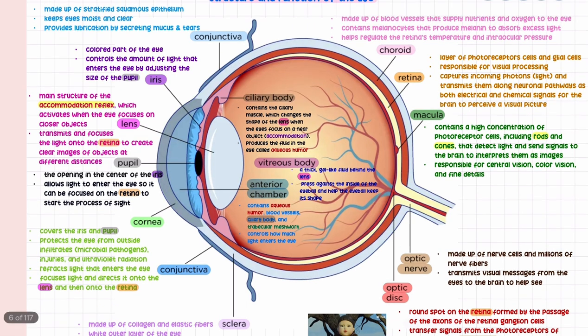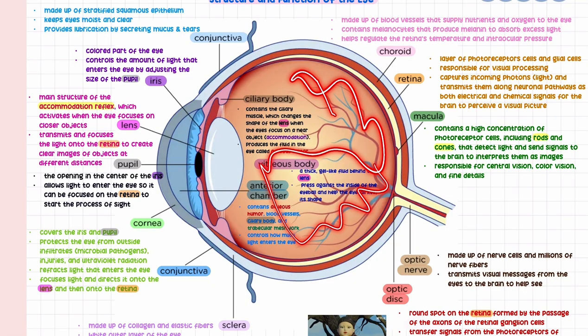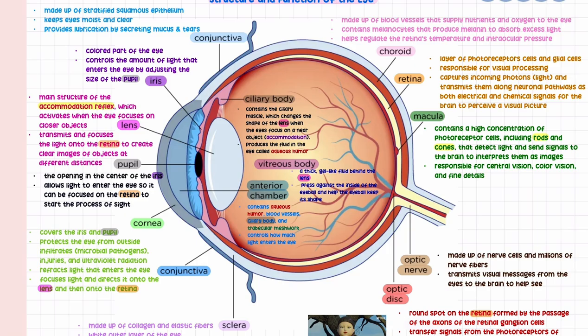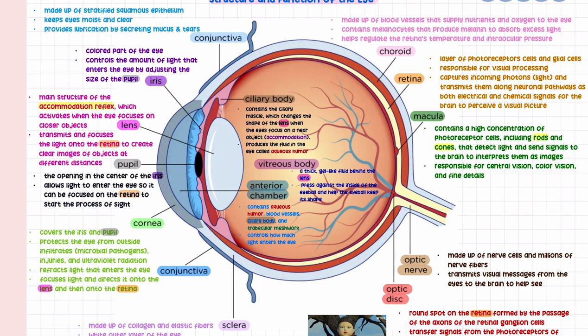However, that fluid that's inside our eye, the thick gel-like fluid, is called the vitreous body. It presses against the inside of our eyeball and it helps our eyeball keep its shape. So I like to think about the sclera as basically like a holder, like a vase of our eye.